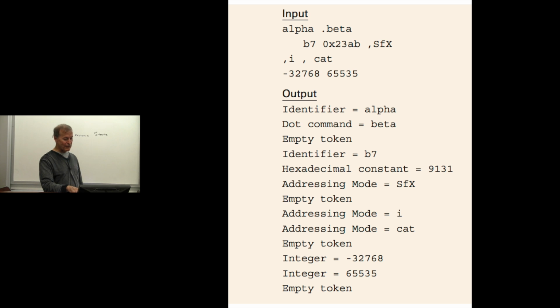You see how it says alpha and then dot beta, and then the start of the next line, identifier equals alpha, dot command equals beta, and then what? That's because we're at the end of the first line. So you need to detect the empty token, and the empty token needs to be printed out to make sure that your program is working correctly at the end of each line.